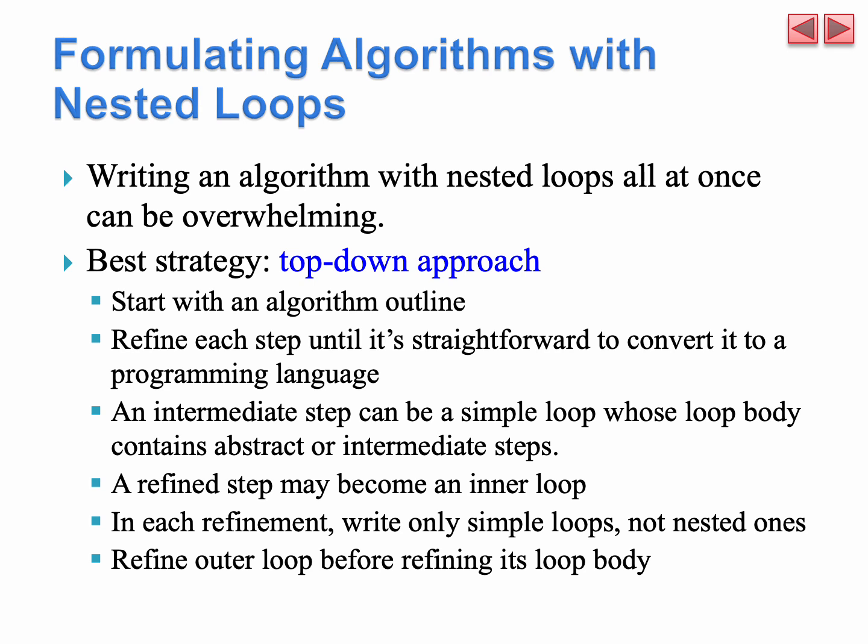That means that you can refine a step into a single loop but not into nested loops right away. Also, you should refine the outer loop before refining its loop body because the details of the loop body may depend on the control variable of the outer loop. I'll show you examples of how this strategy is applied.